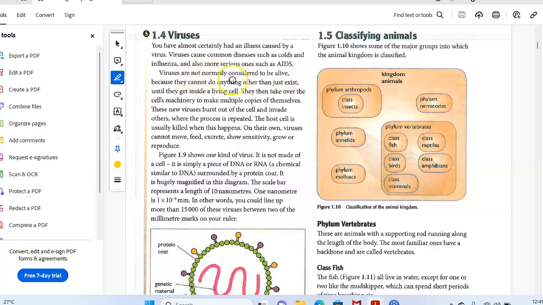Viruses are not normally considered to be alive. They are not alive. They are alive when they are in a living human being. They are non-living when they are not living in a living organism.